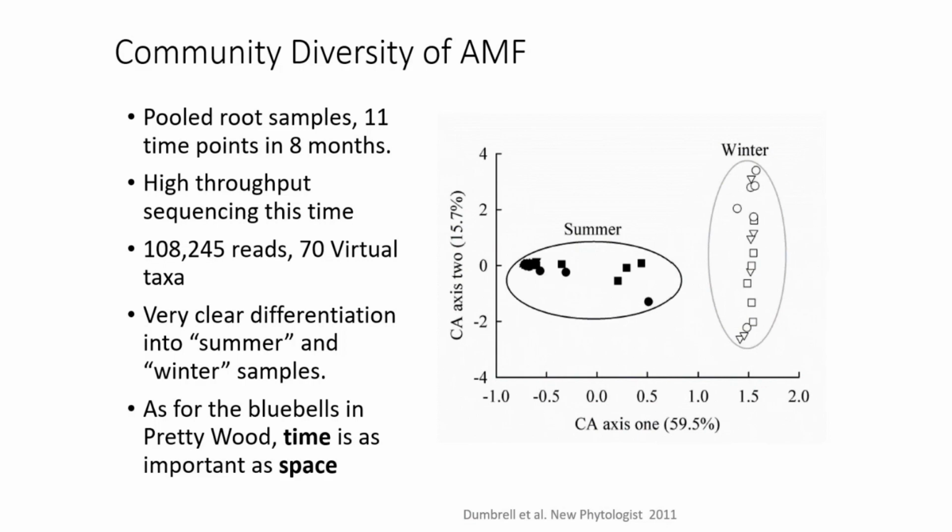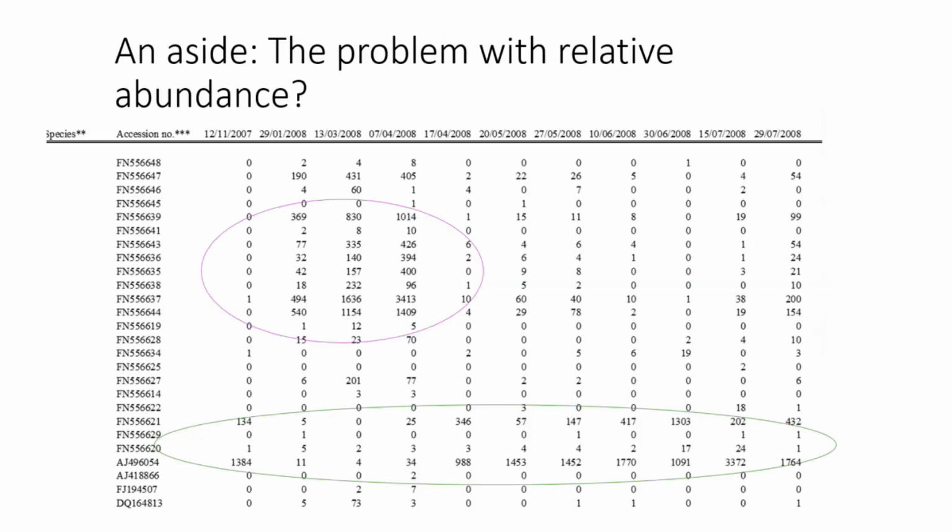And what was really, really striking about this particular set of data was how quick the transition was. And this is a slightly horrible table, and I really should make a better graphic for this. But if you note the date up there, 7th of April and the 17th of April, and this is the number of reads that you get for each of these types of sequence, you get this whole set of taxa completely disappear in 10 days.